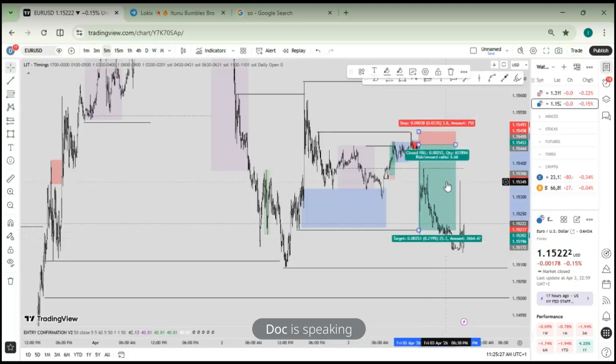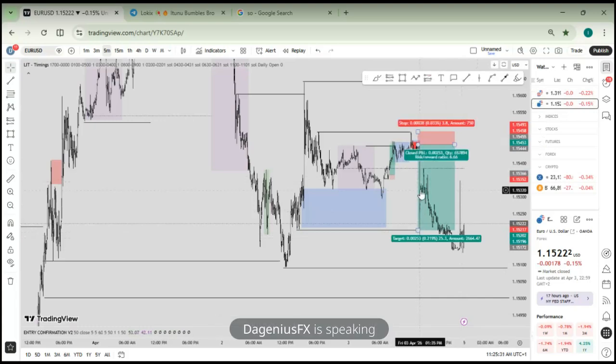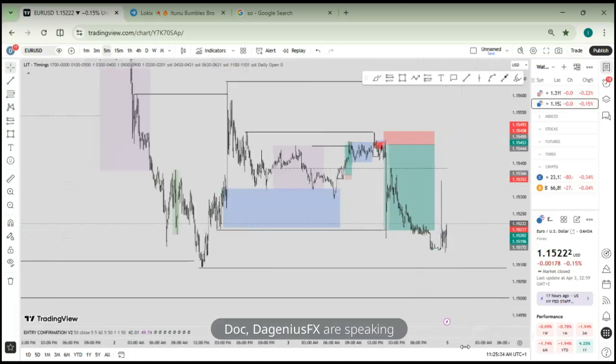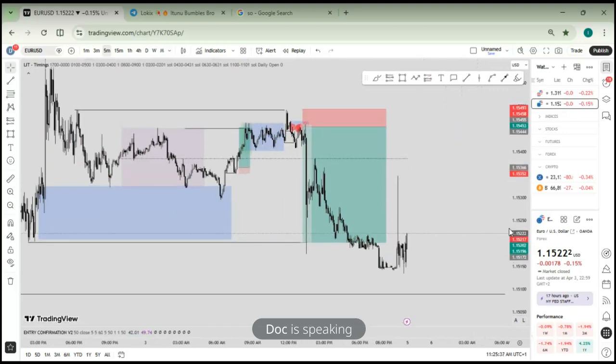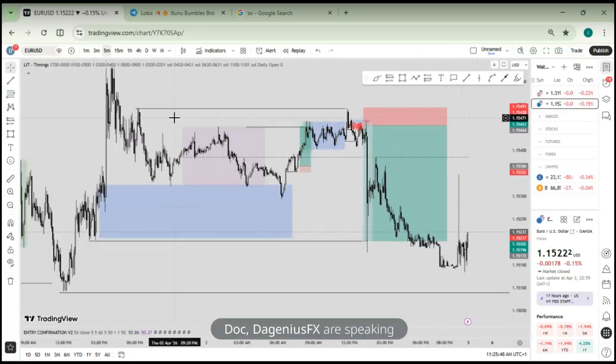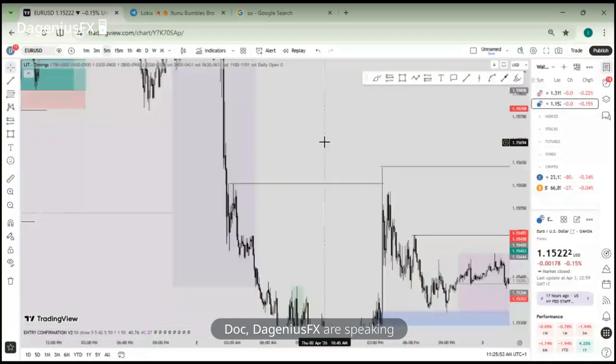And the next day, after the Asia session, we took the entry. After the news yesterday? Okay, not this chart actually, the day before this chart. Day before, yeah, 1st April.